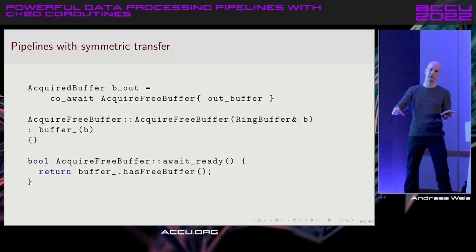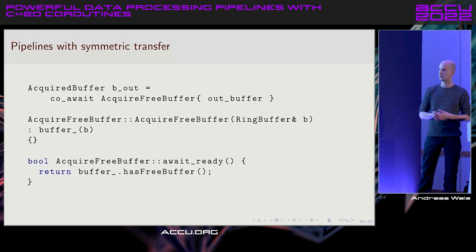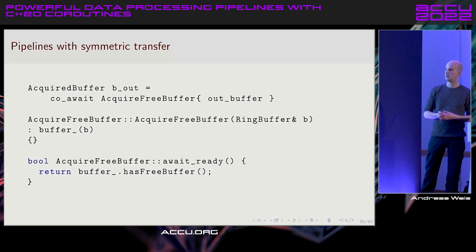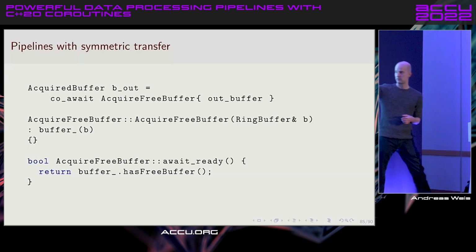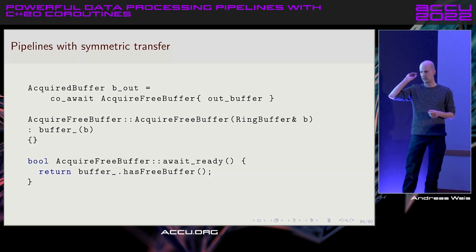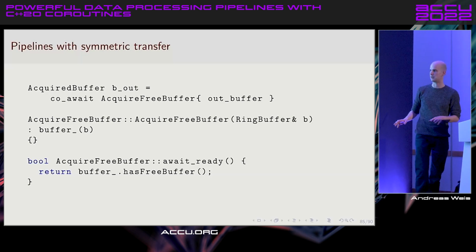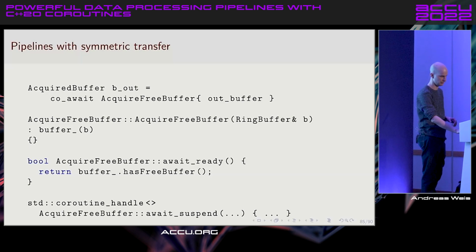And you don't need an external scheduler for this, right? You can already do quite a lot with just symmetric transfer and clever things in the await_ready call. And also, remember, this is a normal object, this is a normal function call, right? So you can have runtime configurable behavior in there. So you can go really nuts there if you want to.